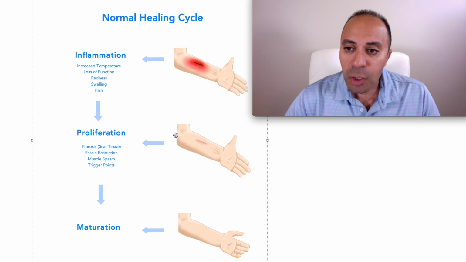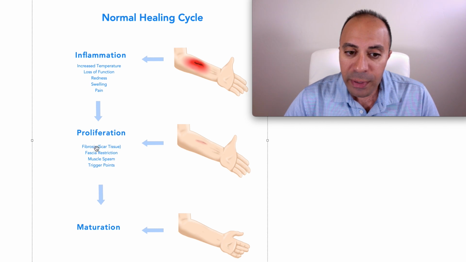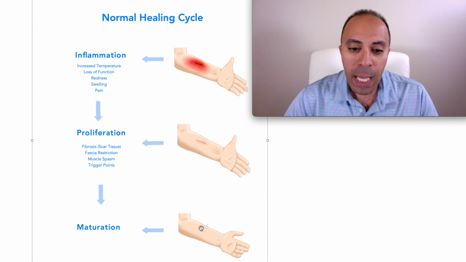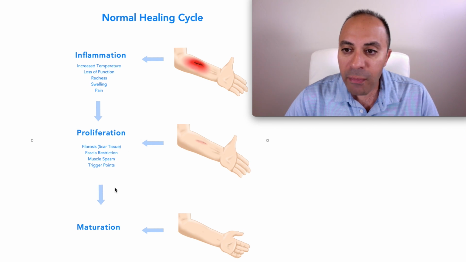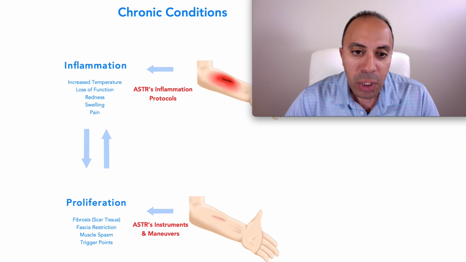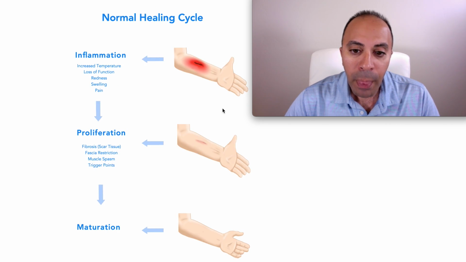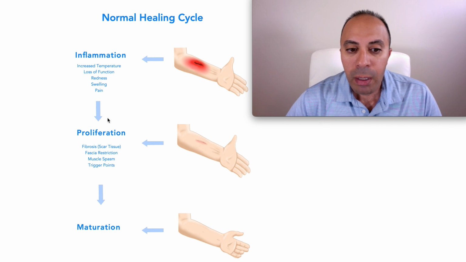In the perfect scenario, your body should get rid of all of these issues in the proliferation stage and clear up, and that ends the healing cycle, called the maturation stage. If you still have issues, you're probably stuck either in the proliferation stage or you're going back and forth between inflammation and proliferation.